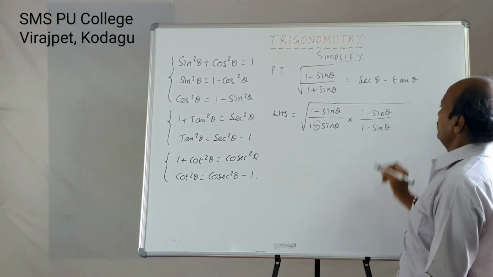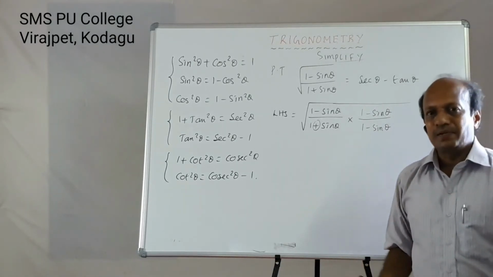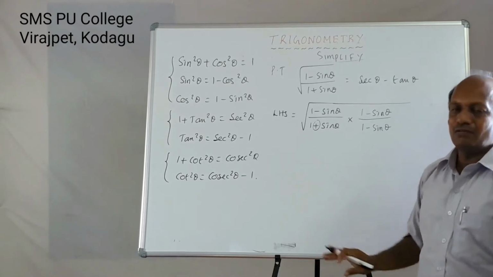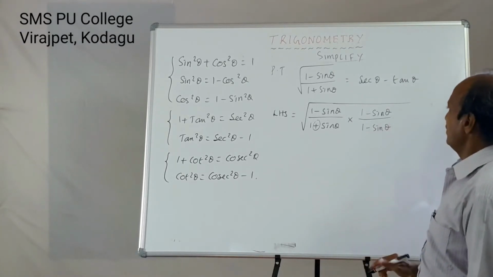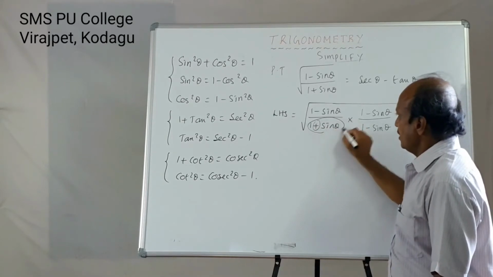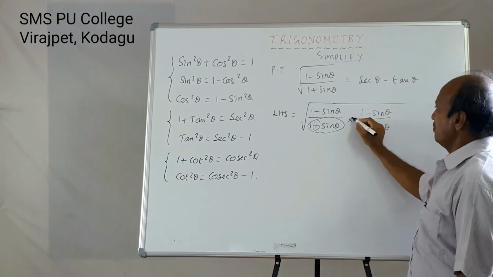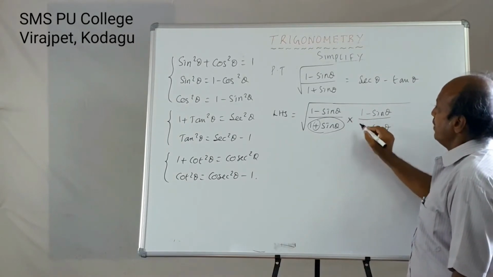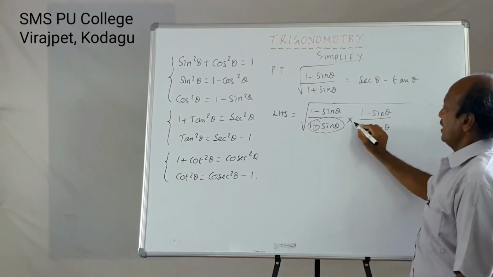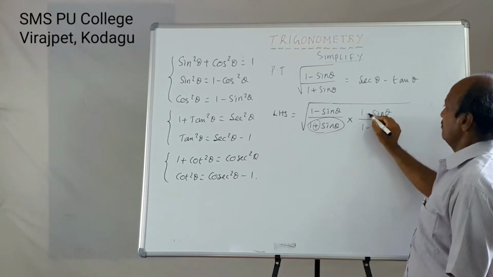As you know from the mathematics rule, both the numerator and denominator can be multiplied by a common term, which is not going to affect the value of the problem. What have I done? I looked into the denominator, which is 1 plus sin theta. Therefore, I multiplied both numerator and denominator by its conjugate. The conjugate of 1 plus sin theta is 1 minus sin theta.